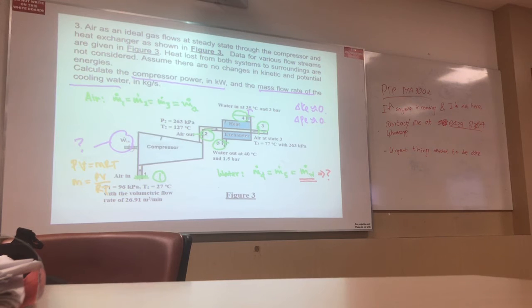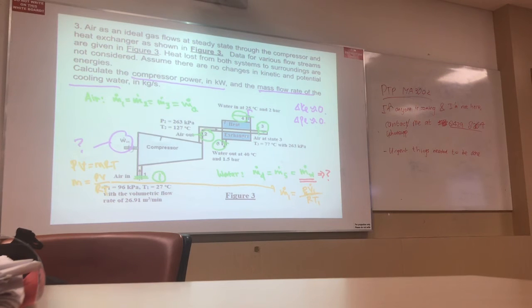From here I can write m dot becomes P V dot by RT1. At inlet, m dot 1 becomes P1 V dot 1 over RT1. I can get it, right?